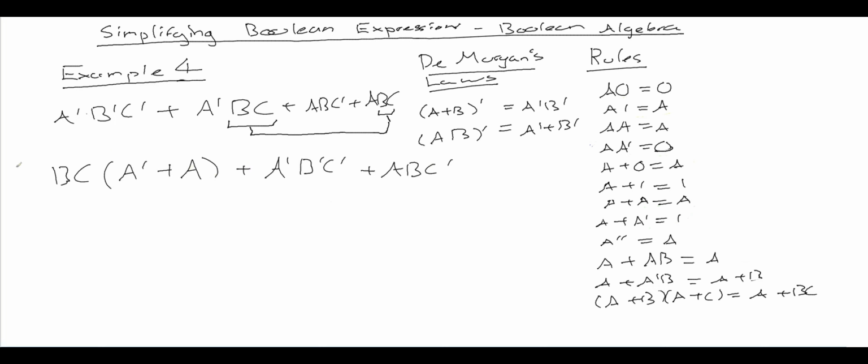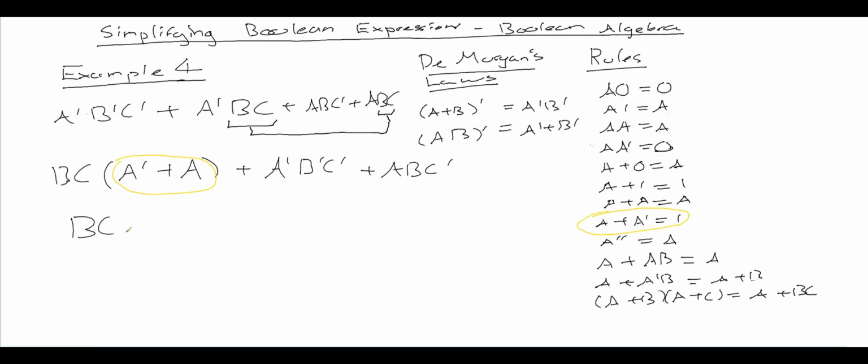And then I can see I've got an occurrence of this rule right here, and that's just here. And what that means is, you should pick this up by now, that A or not A is equal to 1, so you can simplify this down to 1.